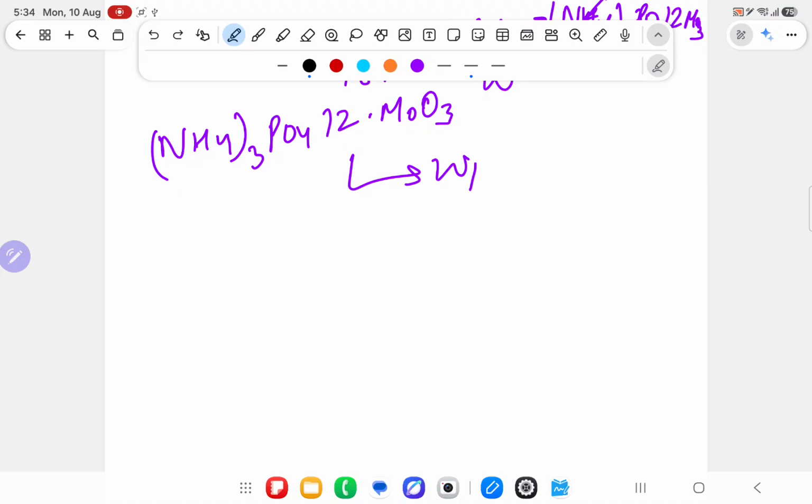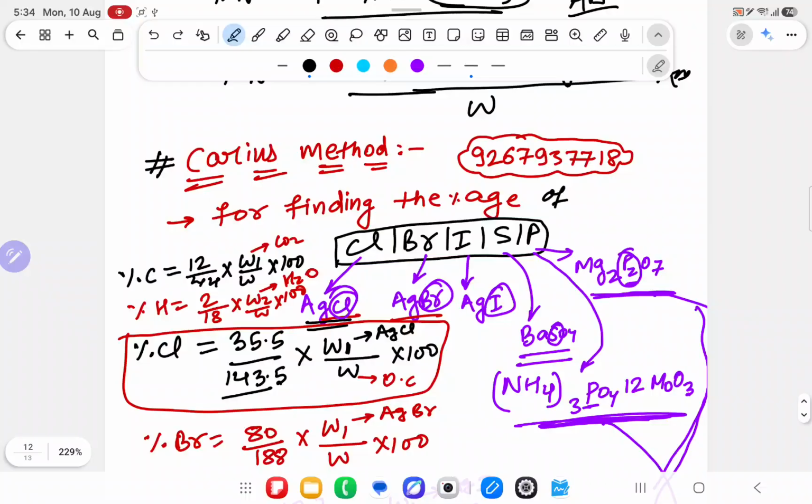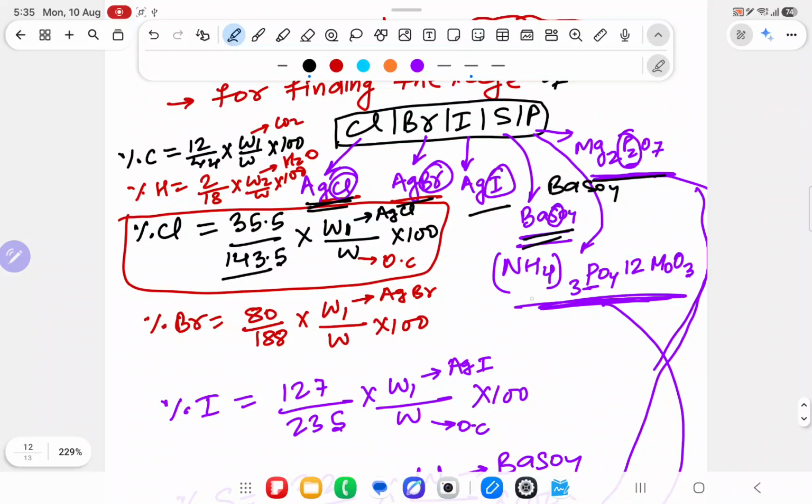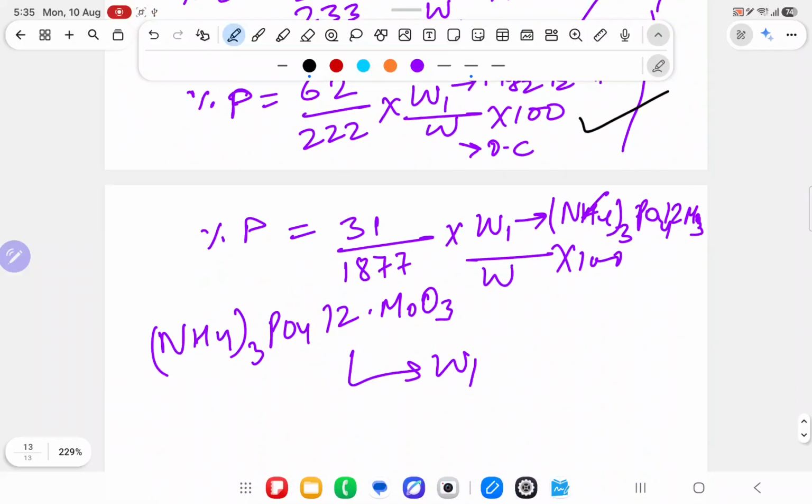Percentage of nitrogen by the Kjeldahl method is 1.4 into normality into volume in milliliter by weight of organic compound, and normality into volume is also written as number of milliequivalents. The remaining Carius method is similar to the Liebig method, only you have to know that Cl will give AgCl, Br will give AgBr, I will give AgI, sulfur will give BaSO4, and phosphorus will give Mg2P2O7, and another one it will give. If it is given in the compound then use this formula, and if it is given in the compound then use this formula.